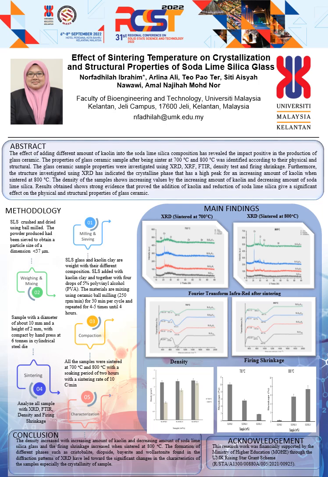The difference is that the wave number of each peak is different, which means that, for example, with addition of kaolin at 700 degrees C, the wave number shifts to the low wave number. Meanwhile for 800, it shifts to the high wave number.